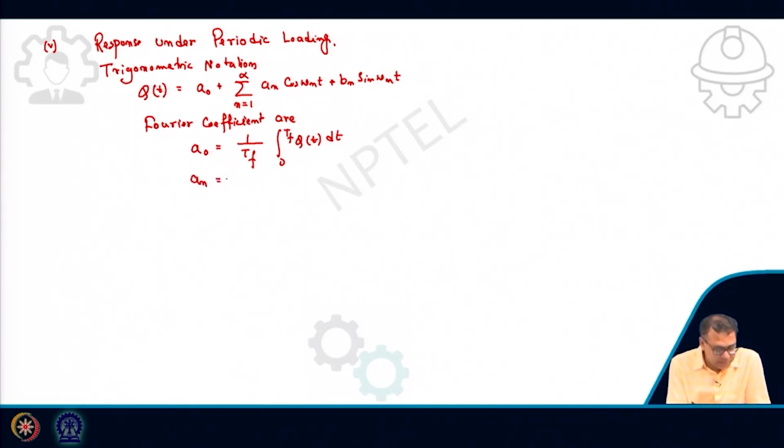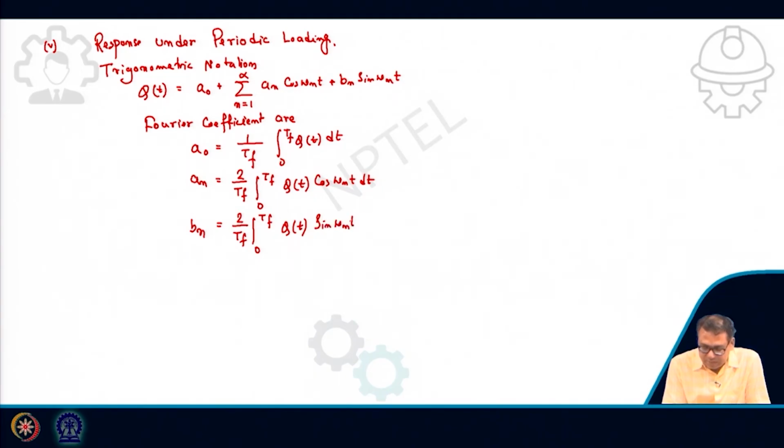Then an will be 2 by Tf, integral 0 to Tf of q(t) cos omega n t dt, and bn is equal to 2 by Tf, integral 0 to Tf of q(t) sin omega n t dt. Here omega n is equal to 2 pi n by Tf.